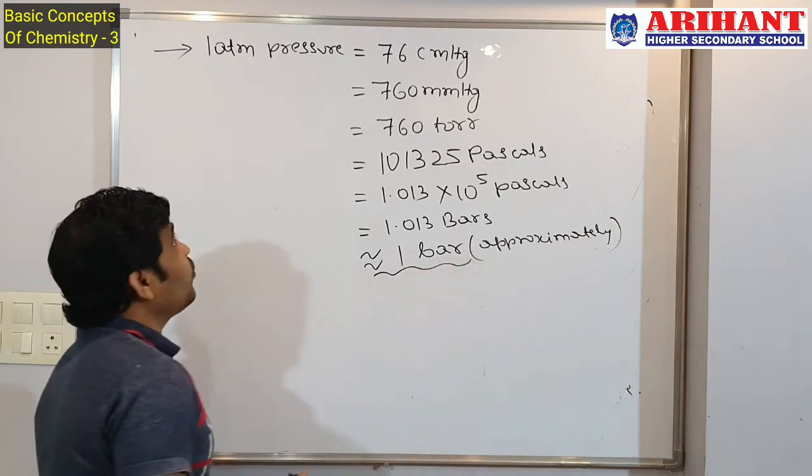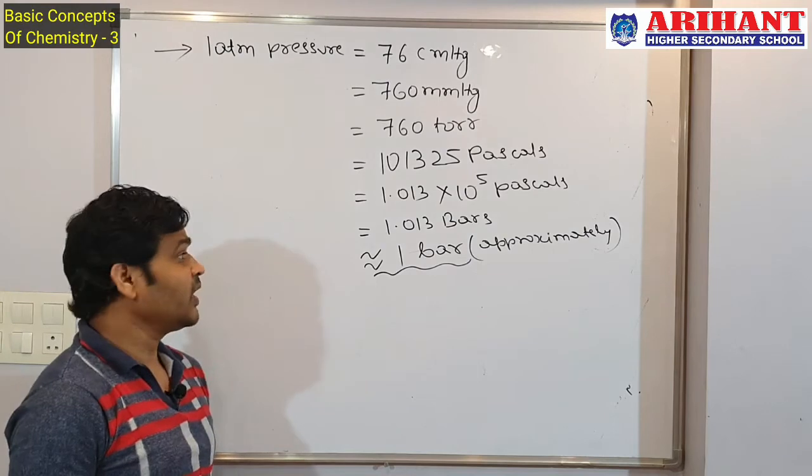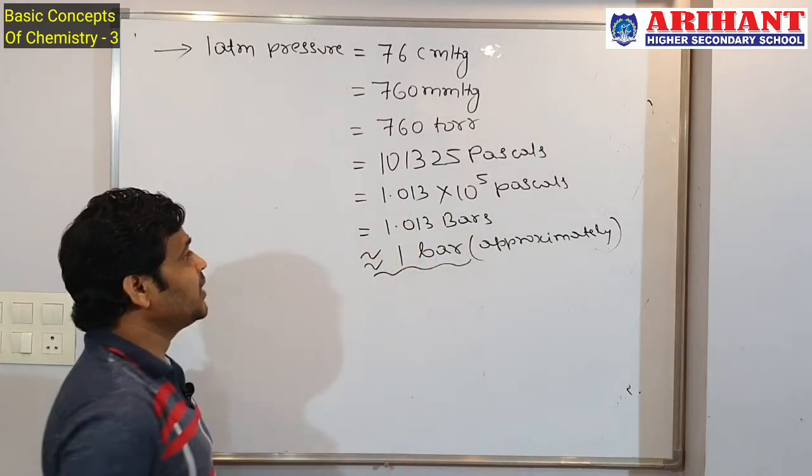Hence 1 atmospheric pressure is slightly greater than that of bar, and 1 atmospheric pressure is equal to 1.013 bar.